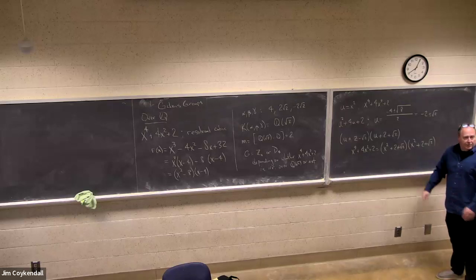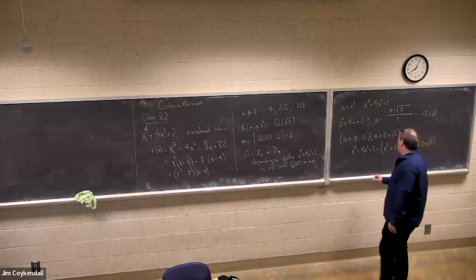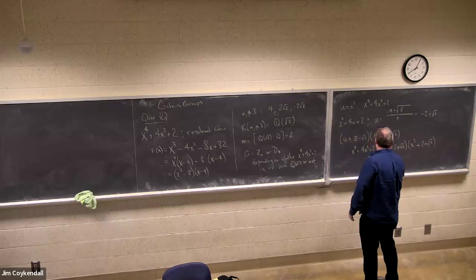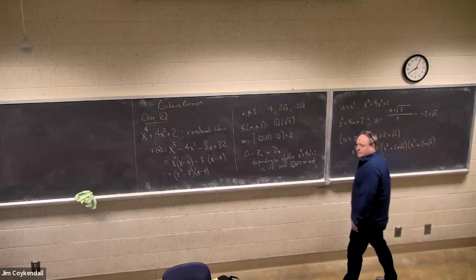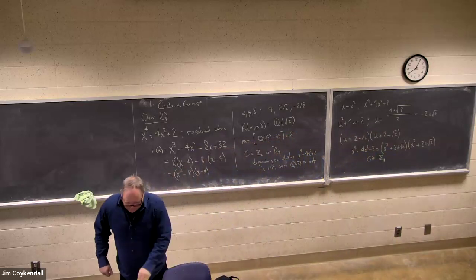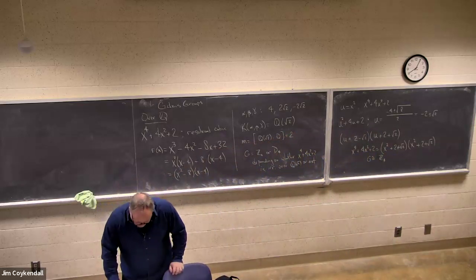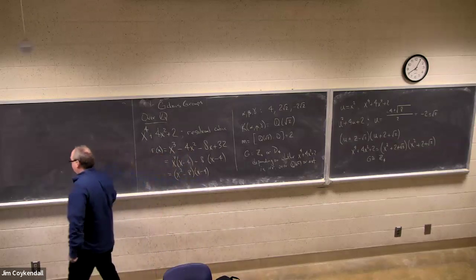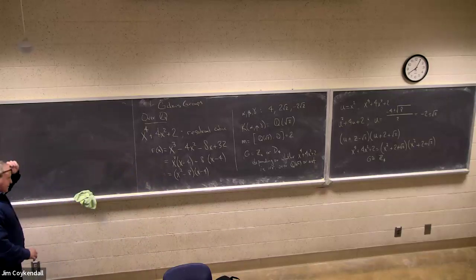So we've got enough to break it down. So the Galois group in this case is isomorphic to Z4. So there's a nice polynomial that has a cyclic of order 4 Galois group.